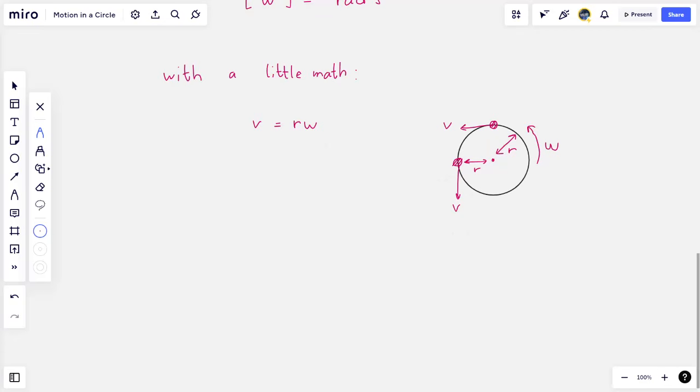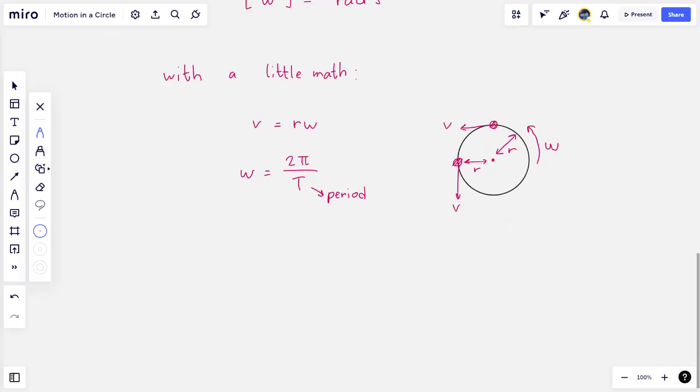And so my angular speed, omega, if you remember from waves, the concept is exactly the same. It's 2 pi divided by T. Now, uppercase T here is the period. It's the time it takes me to walk one complete cycle of this circular path.